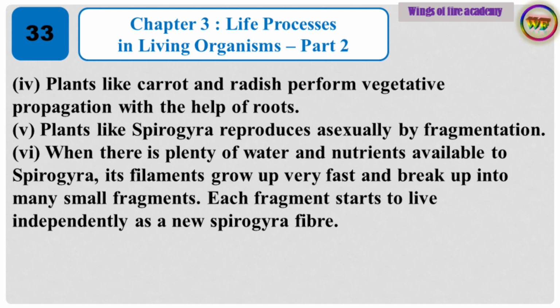Point 5. Plants like Spirogyra reproduce asexually by fragmentation. Point 6. When there is plenty of water and nutrients available to Spirogyra, its filaments grow very fast and break up into many small fragments. Each fragment starts to live independently as a new Spirogyra filament.